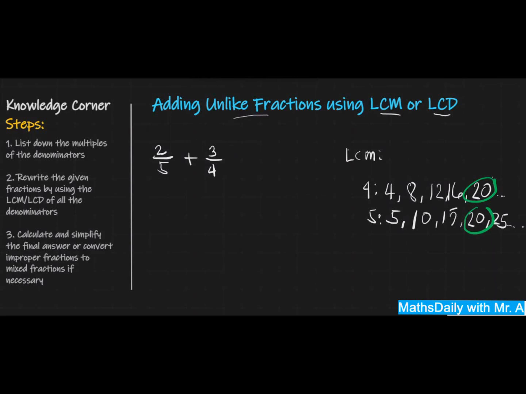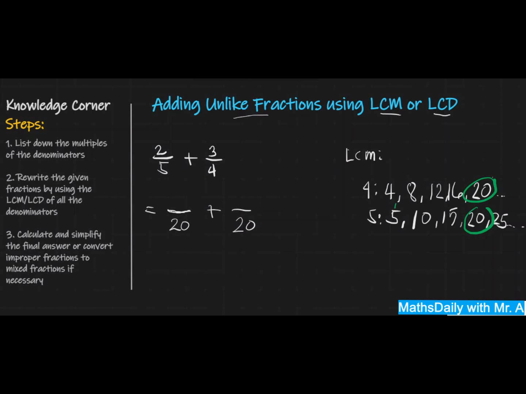We need to write the given fractions by using the LCM or LCD of all the denominators. So now let us rewrite the given fractions. So let's have over 20 plus over 20. How do we identify the new numerators using the new denominators or using the LCM? To find the new numerator, we need to count the numbers of multiples.